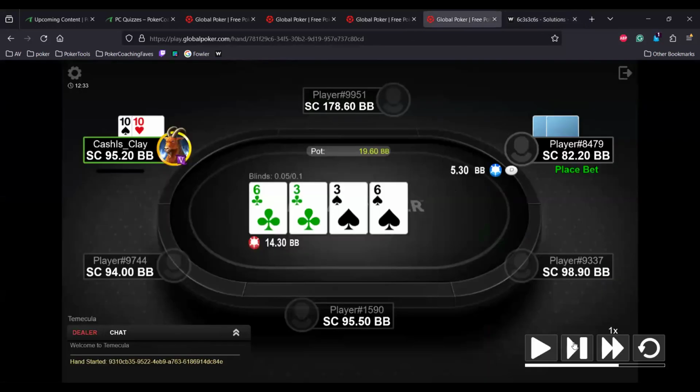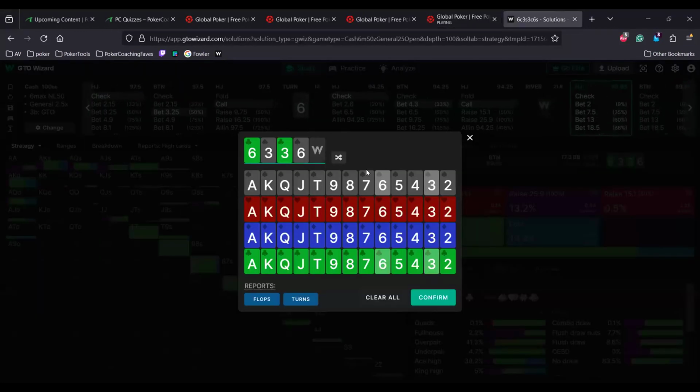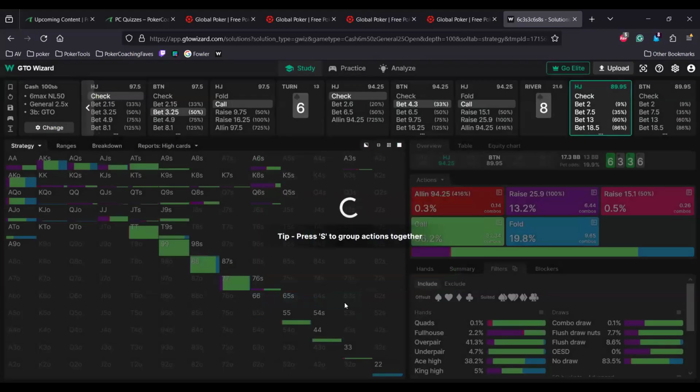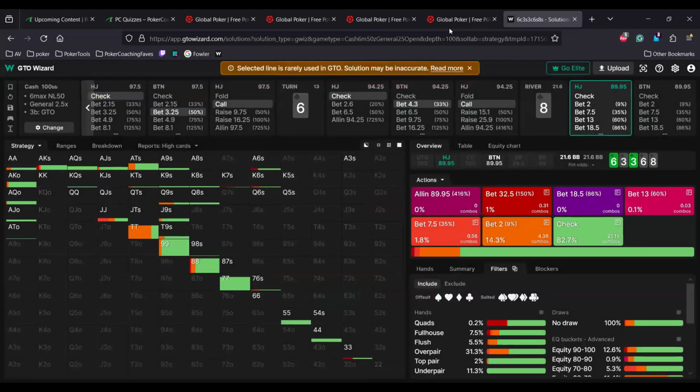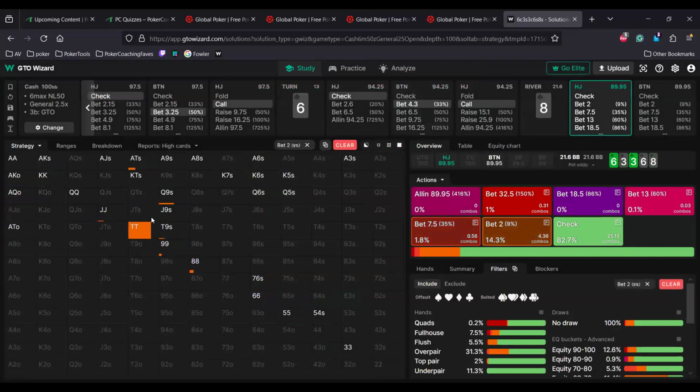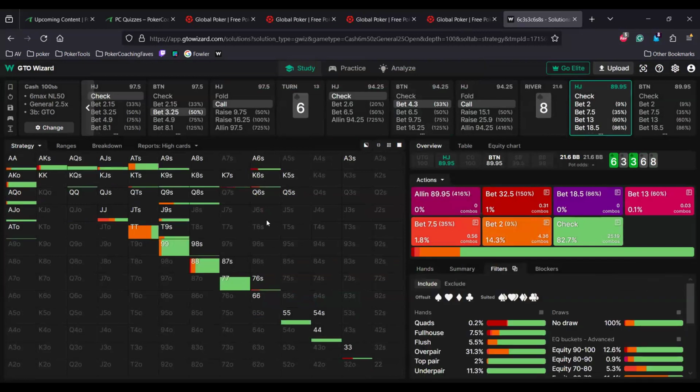And then the 8 of spades. Again, I think at this point we have to take what the solver is telling us with a grain of salt. It really likes to donk out for 10% here. That makes perfect sense with that hand too.